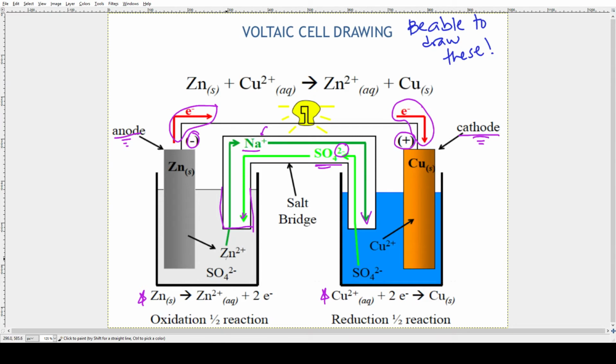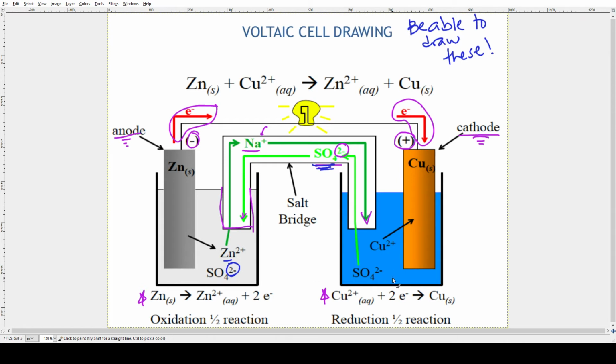You know how we're getting more and more zinc over here as those electrons go away and leave zinc ions behind. So this becomes more and more positive. We need these ions from the salt bridge to gather down here to cancel out the positive charges coming from the anode. And then the same thing happens over here.